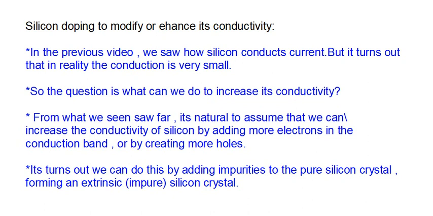You should know that by now. If we add impurities to the pure silicon crystal, we form an impure silicon crystal, which is called an extrinsic silicon crystal.